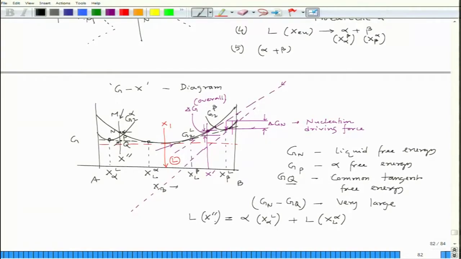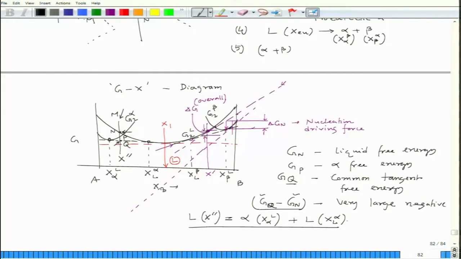This X double prime breaks into alpha and liquid because this difference is very large, and also it is negative, because this is final, this is initial. So, delta G becomes very large negative. There is a possibility of formation because the driving force is negative. This is actually the equilibrium transformation.